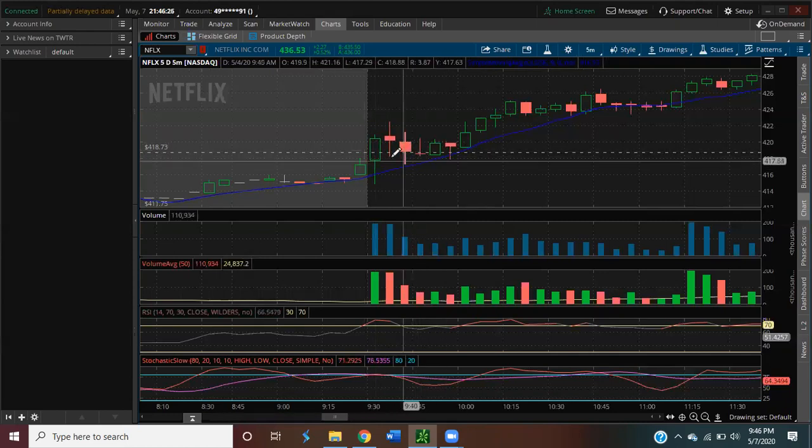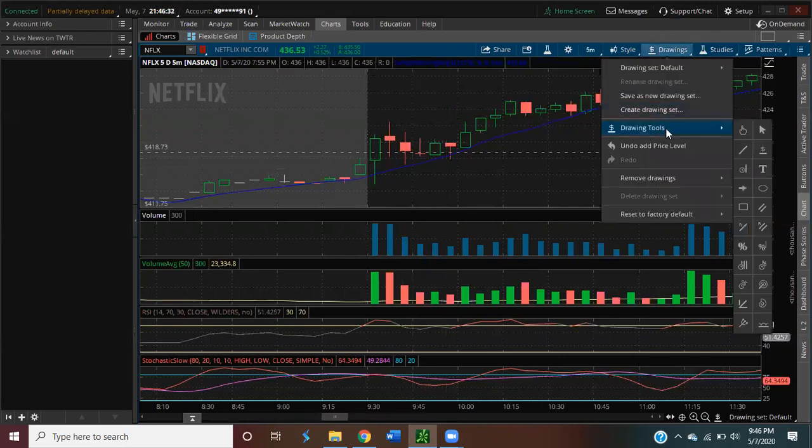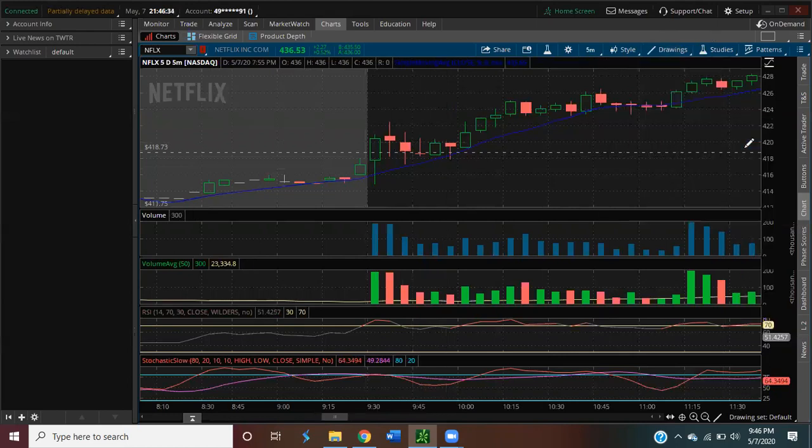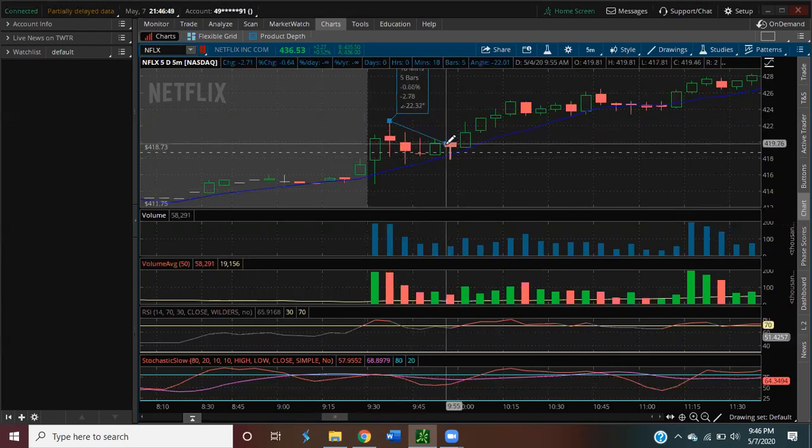I'm going to talk a little bit more about this. It's a pattern right here called a pennant. A pennant is formed when you have a long wick at the top and a long wick at the bottom, and you see these candles start consolidating right here. You'll be able to see it in just a second. But it is great.